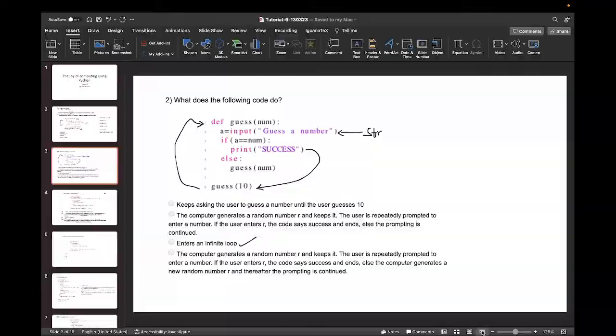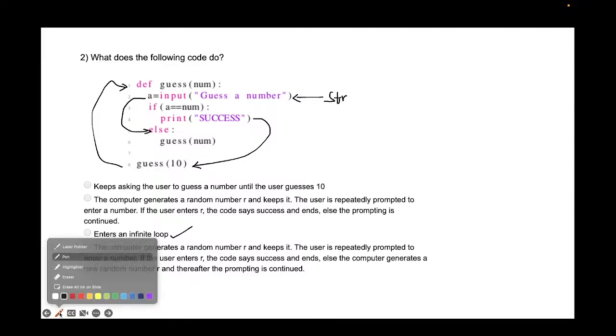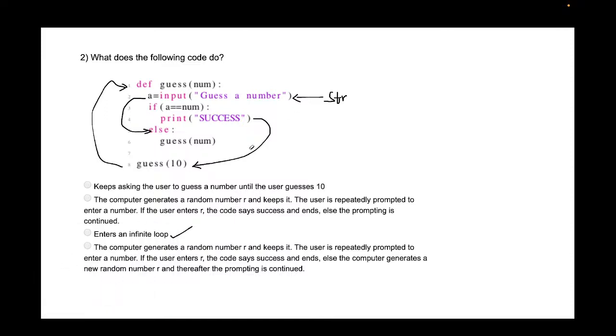Because in this case the control will always flow to the else part, because this is a string and this condition will never be satisfied, so it will go here. Yes, that observation is also very correct, and that is the correct reason why this is infinite.